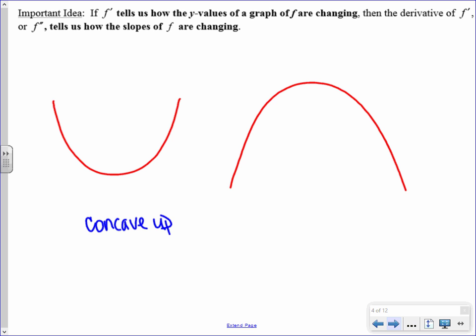So I'm gonna draw some tangent lines on this concave up picture, okay? This is concave up. What kind of slope do we have right here? Positive or negative? Negative, right? It's going down, okay? As I draw more slopes, they get less steep.